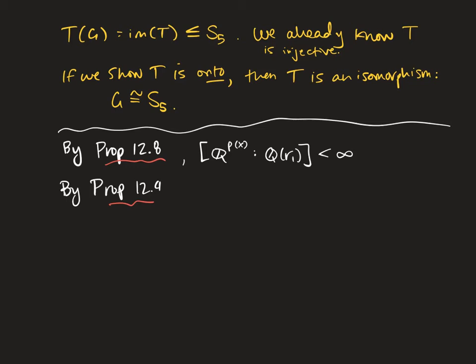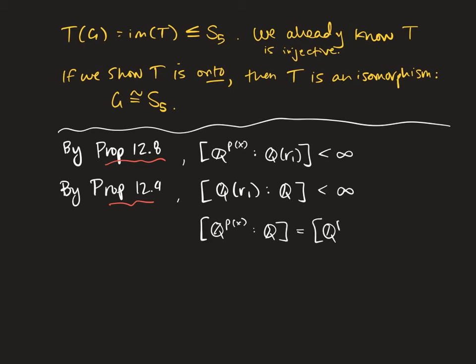we've got that Q adjoin R1 over Q is also finite. So the reason that we're doing this is I want to use the fact that the dimension of Q adjoin the roots of p of x over Q is equal to the product of those two finite dimensions.